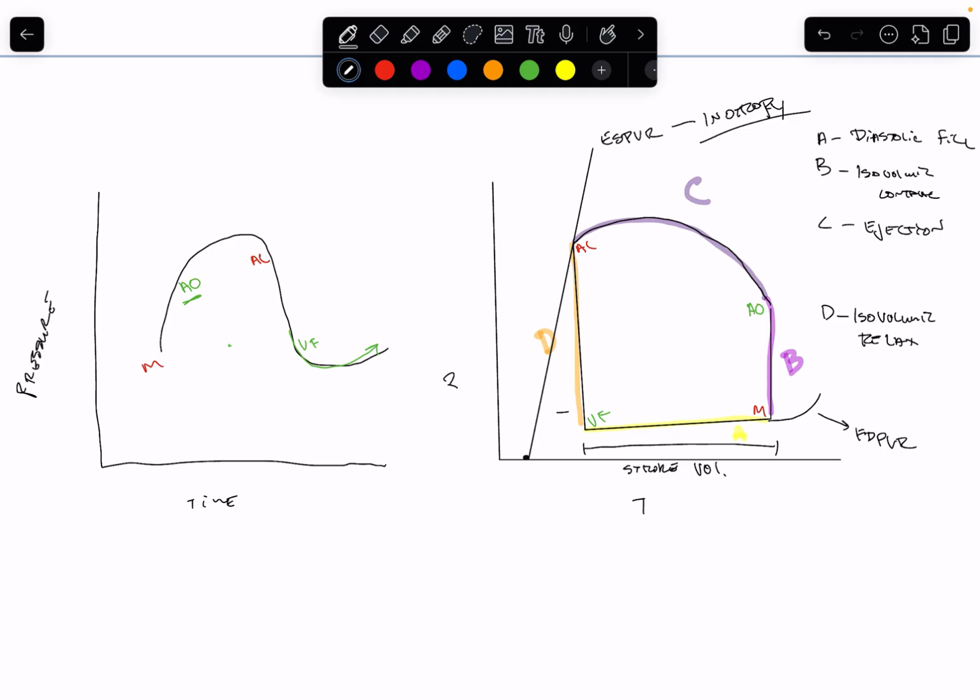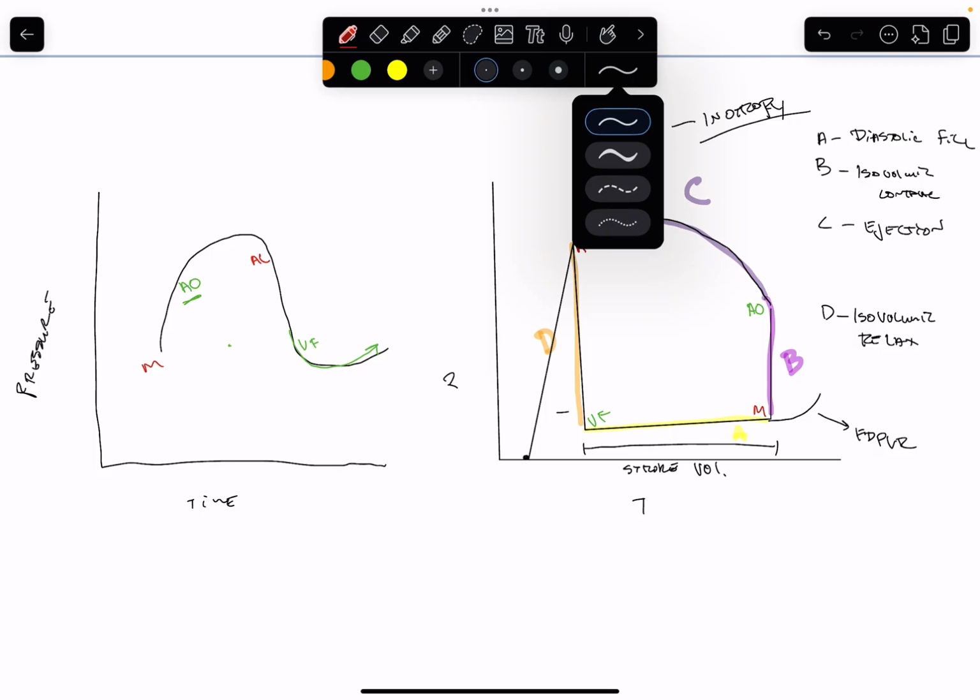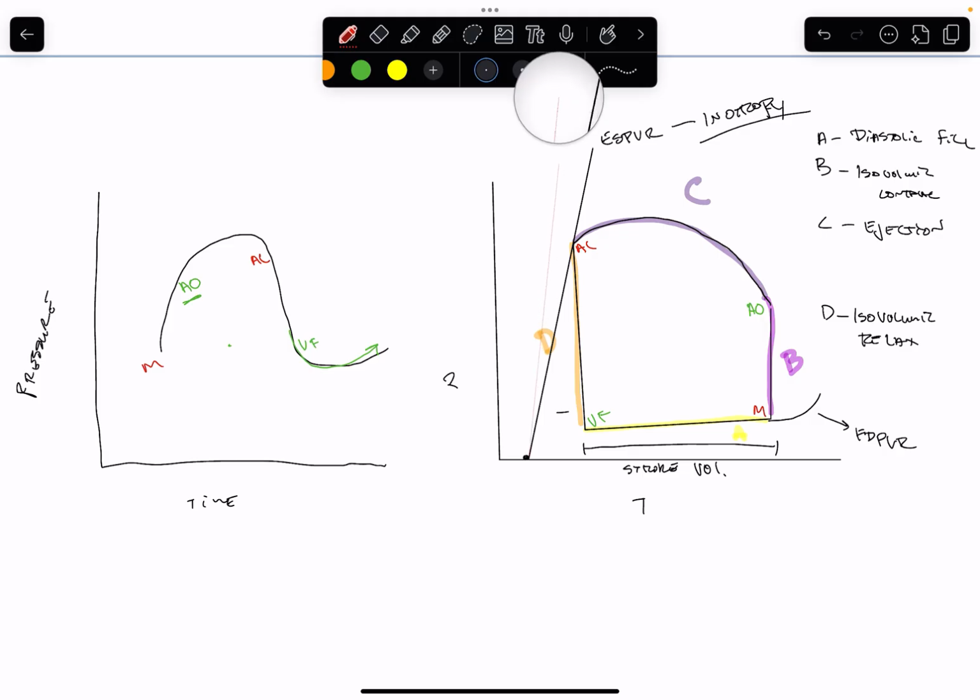And so what we're going to do here is draw a second line that looks like this.